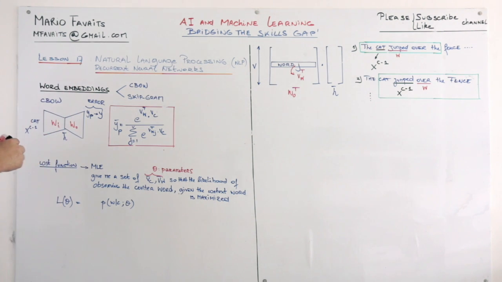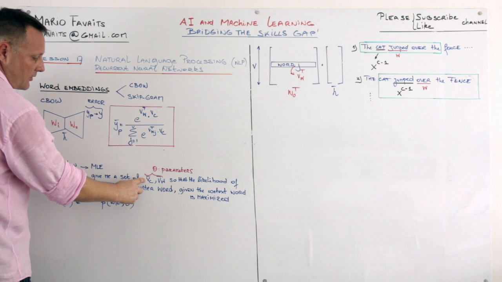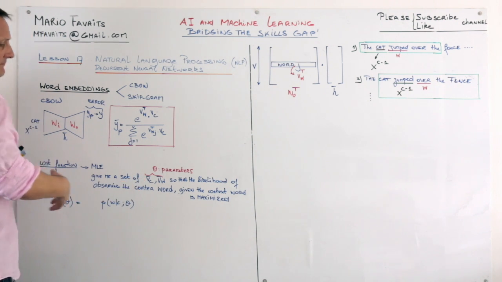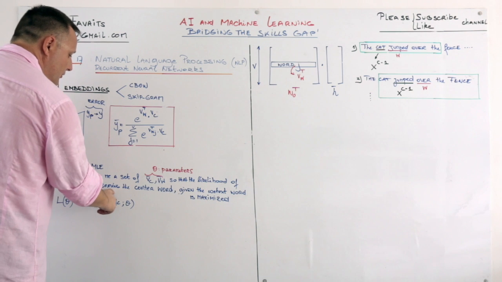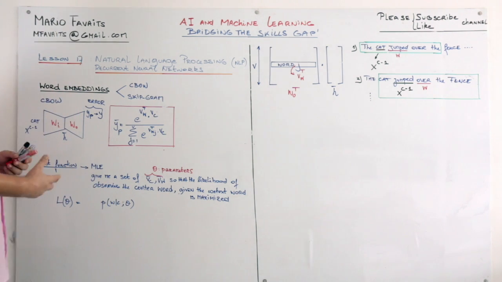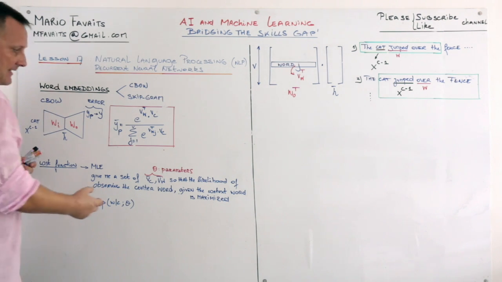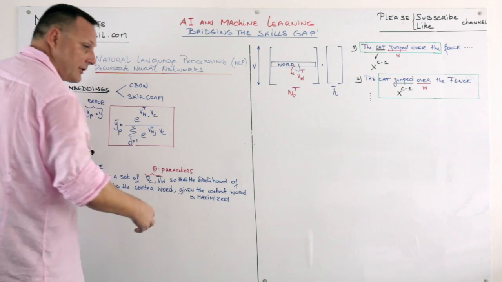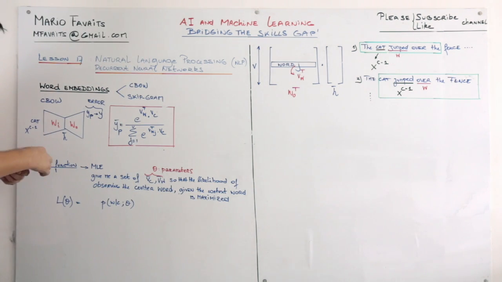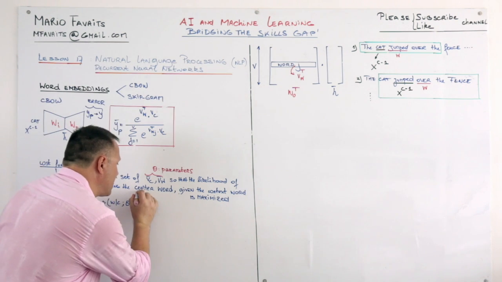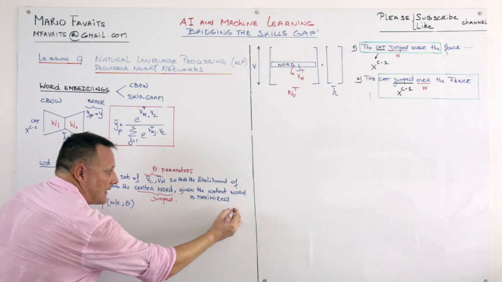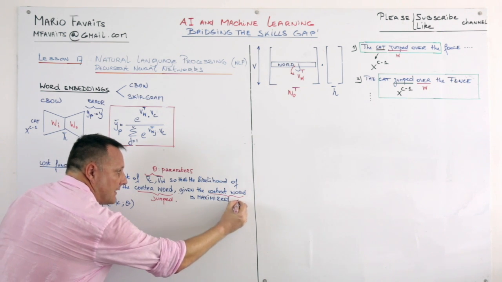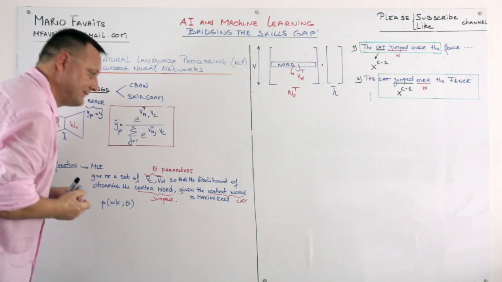So what are we going to do? We're going to find a set of parameters, Vc and Vw, so that the likelihood of observing the center word, in this case jumped, given the context word cat, is maximized. So the center word here is jumped, and the context word here is cat.